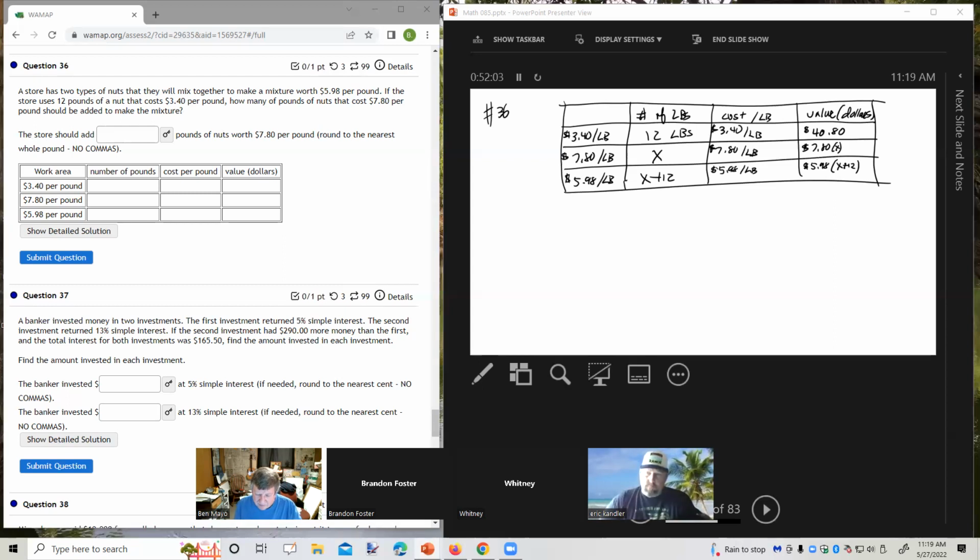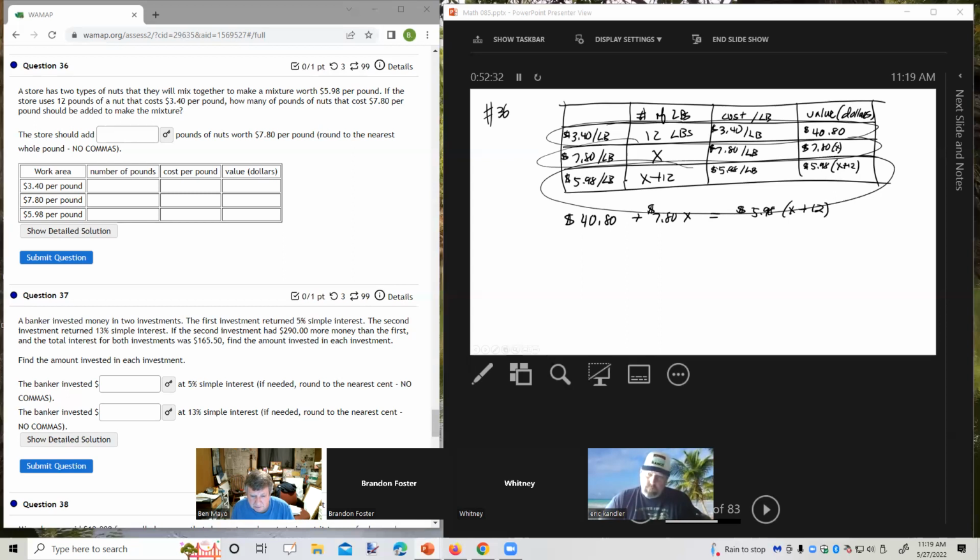So now we've got to be careful. How are we going to set up our equation? We're going to take these plus these and mix them together to get those. So $40.80 plus $7.80 times X equals $5.98 times X plus 12.